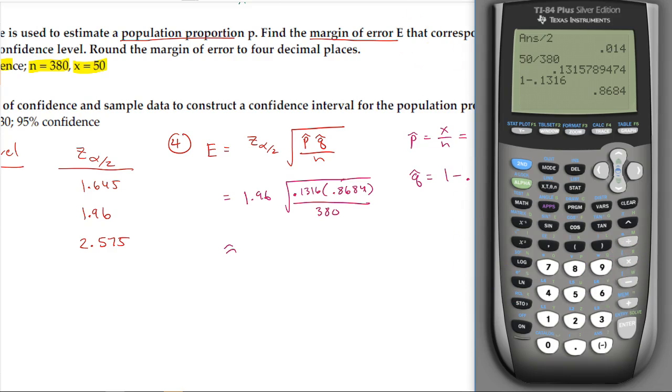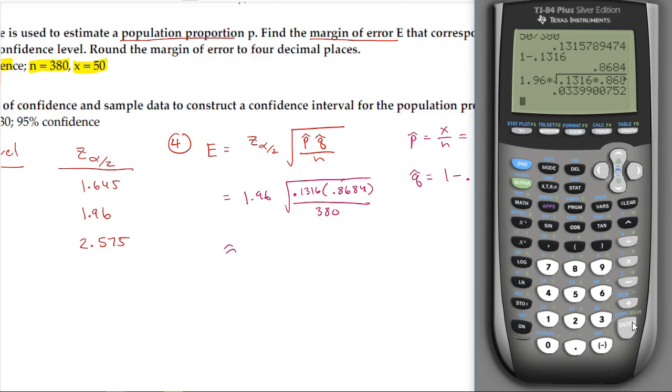So let's see what we get here. So we're going to get 1.96 times the square root, and so we're going to do 0.1316 times 0.8684, and then divide that by 380. All right, so I'm going to evaluate.